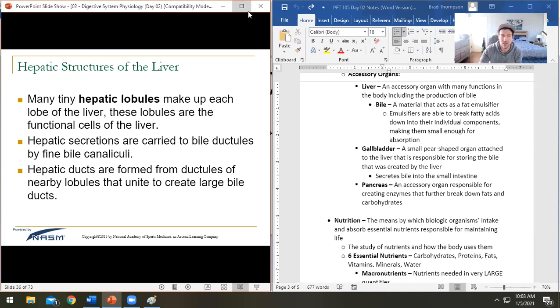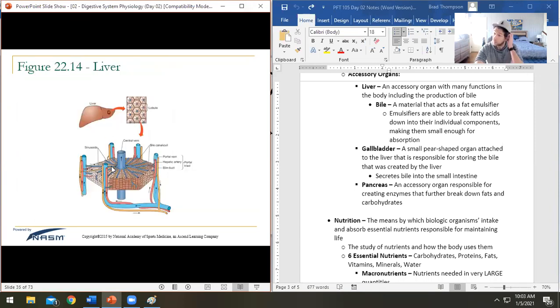So there are these little things we call hepatic lobules, these little holes that are like the functional cells in the liver. Now, that inner part is not necessarily part of our conversation today. What we're mainly focusing on today is that your liver works inside your bloodstream, but it also puts stuff outside into your digestive tract.